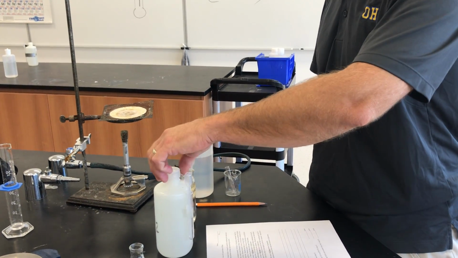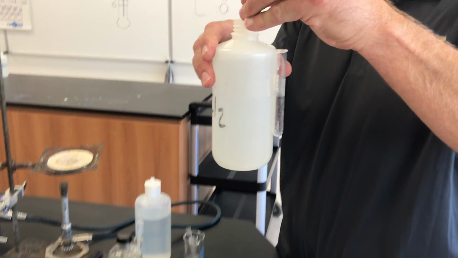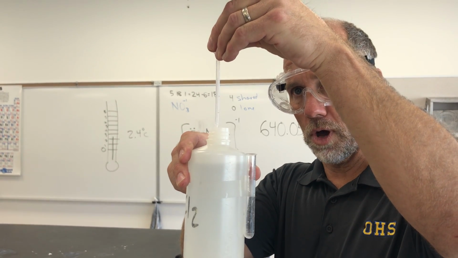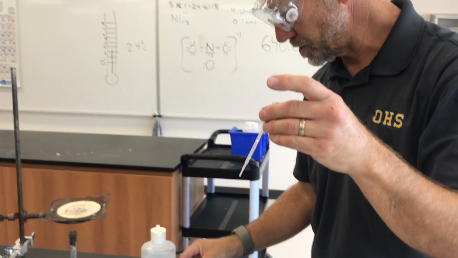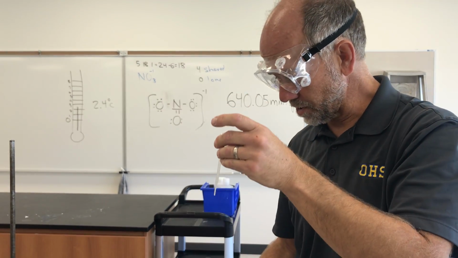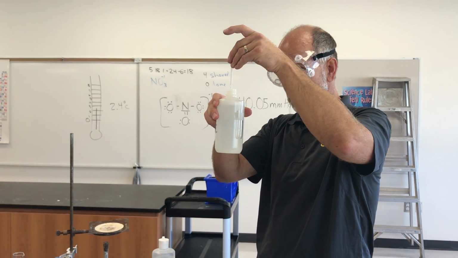And then at this point, we will get the sample 1 milliliter at a time. In order to do that, we will draw the bulb full. We will drop this below 1 milliliter, allow that to draw up into the dropper, and we will dispense that milliliter of solution. And then we'll just repeat that 2 more times.